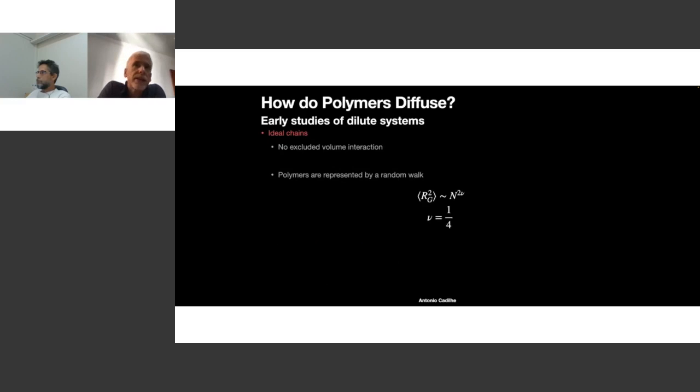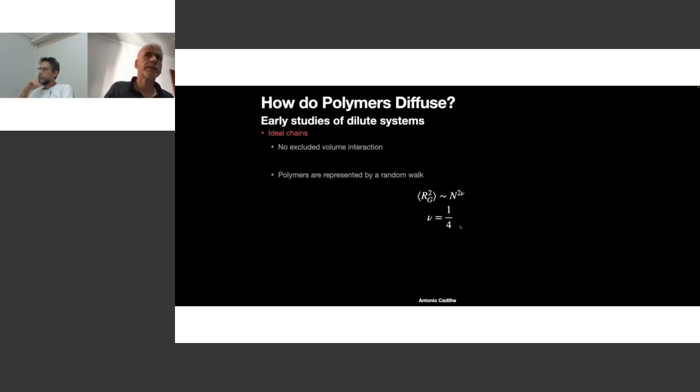Early studies considered no excluded volume interaction. So it's a random walk, and the gyration radius will basically scale as n to the power nu, and this is 1/4.